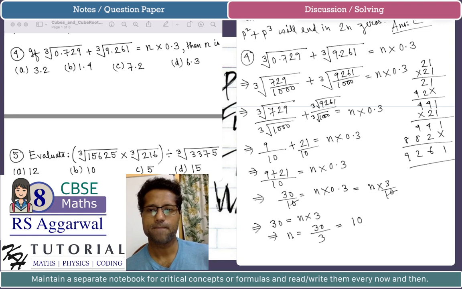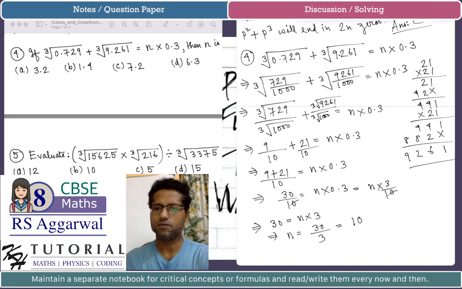So we have cube root of 729 divided by cube root of 1000 plus cube root of 9261 divided by cube root of 1000. Cube root of 729 is 9 and cube root of 1000 is 10. So 9 by 10 plus cube root of 9261 is 21, cube root of 1000 is 10, so 21 by 10.